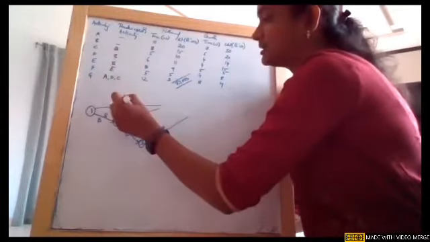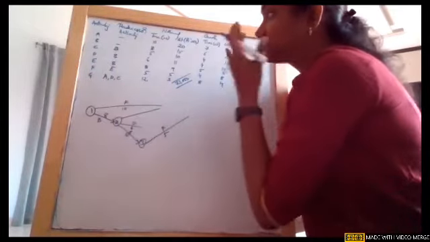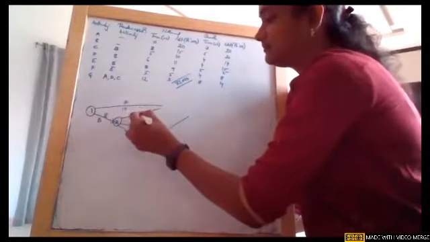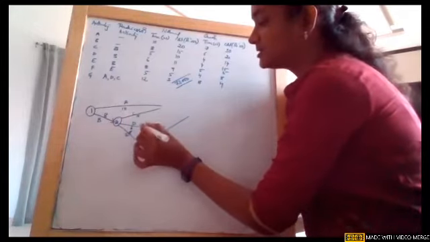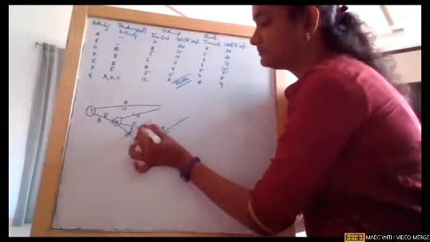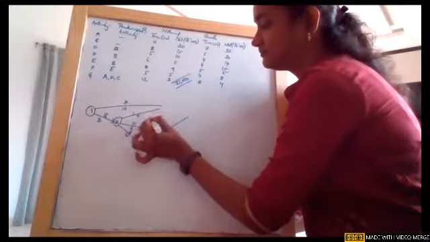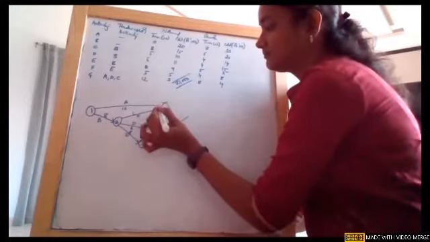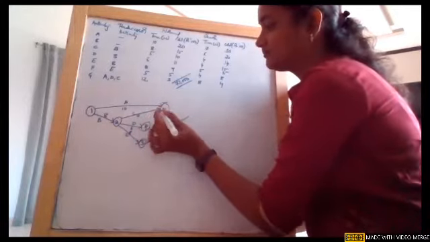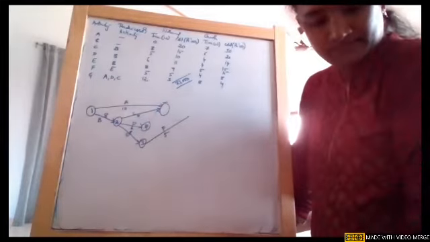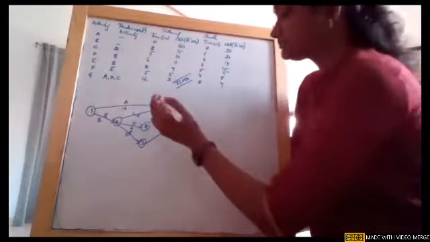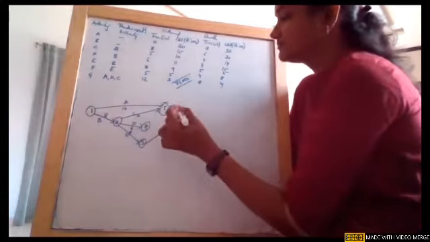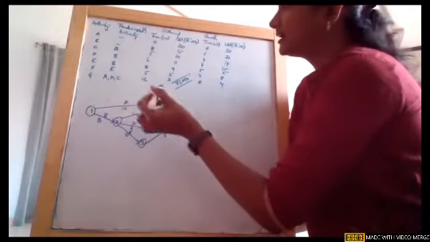Now A, it is 10. C, it is 5. And D, I'm just introducing a dummy. And A, D, C are giving rise to G.